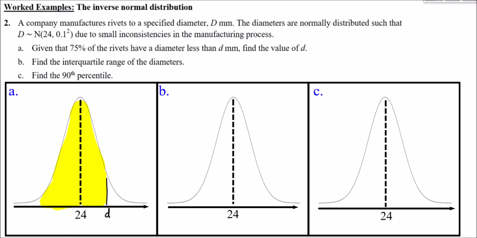So breaking it down into the type of question we had from worked example 1, we're essentially trying to find little d such that the probability that D is less than little d is 0.75.